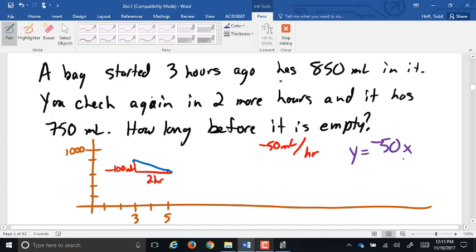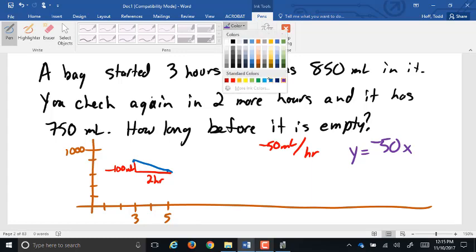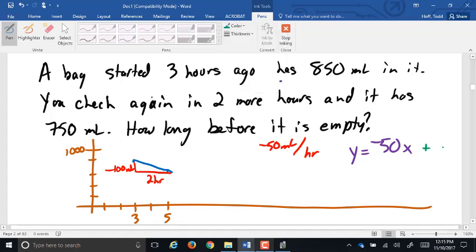All we need to find now is where it started. This isn't going to be quite as simple. We know that there's going to be some number out here. The letter we use to represent the y-intercept is usually just the letter b. So I'm going to use the letter b there.